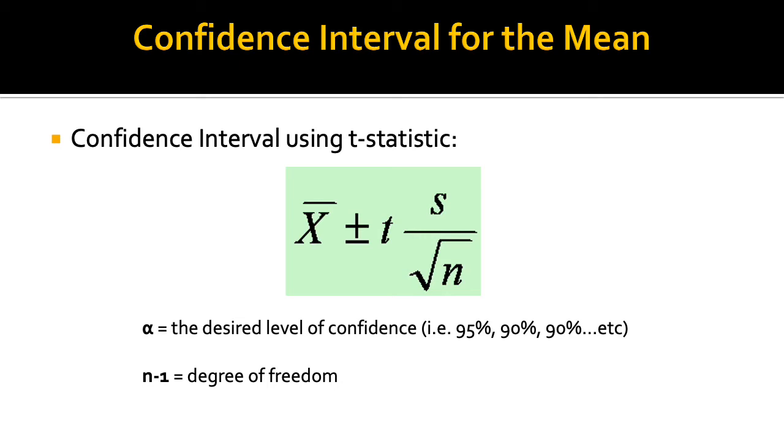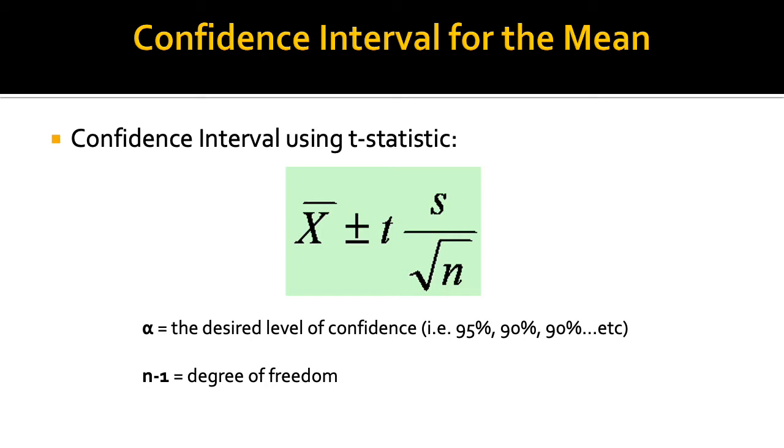So the equation for the confidence interval of the mean for unknown population standard deviations looks like this. And you'll notice that it's not very different than our z equations we've seen before. We have x bar, point estimate, plus or minus t, and the t here is, of course, the t statistic that's associated with our desired level of confidence.